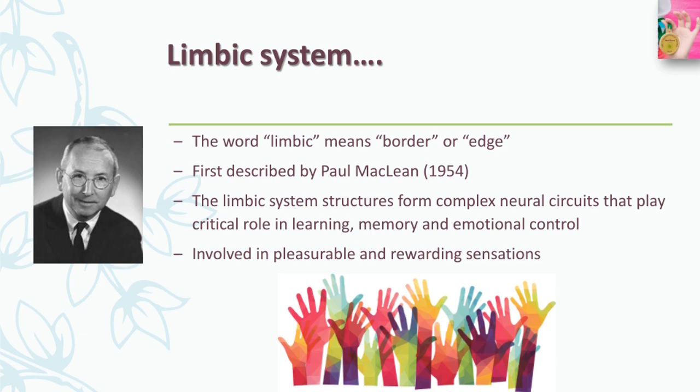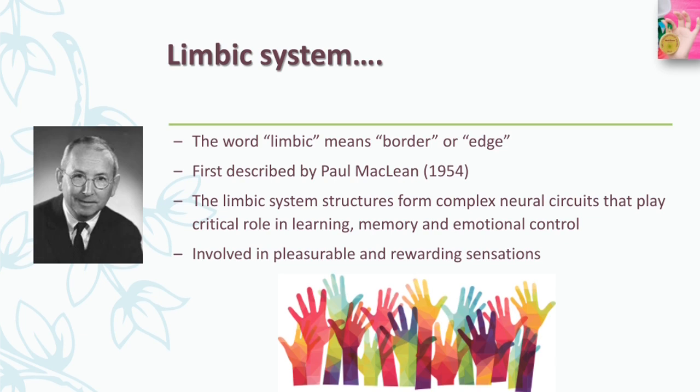So, the limbic system is a loosely connected network of structures located roughly along the border between the cerebral cortex and deeper subcortical areas. And limbic also means edge, and it was first described by Paul MacLean in 1954. The limbic system is not a well-defined anatomical system with clear boundaries.